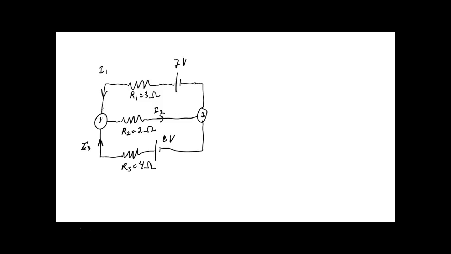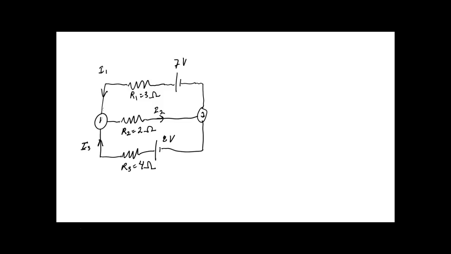Now, if one of those batteries is flipped around, you're going to have a little bit more problem figuring it out. So let's take the junctions first. What can you tell me about this junction in terms of the currents? I1 is coming in. I3 is coming in. And I2 is going out.